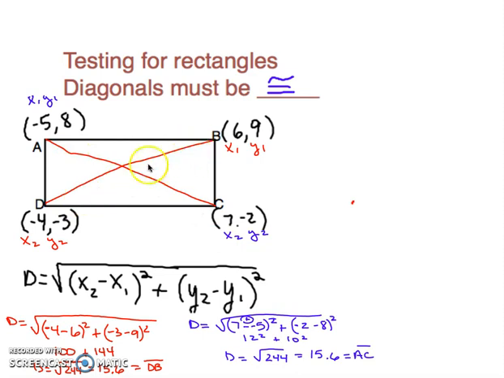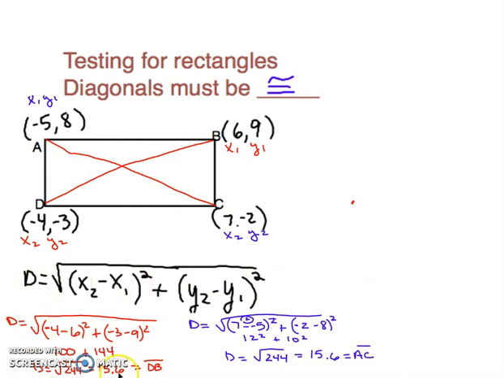So we know that these two are the same. When you get the same value after the distance formula, that means the lengths of the diagonals are the same. So after you do that distance formula, if the lengths are congruent, you do indeed have a rectangle. So this is a rectangle, and this is how we would show that.